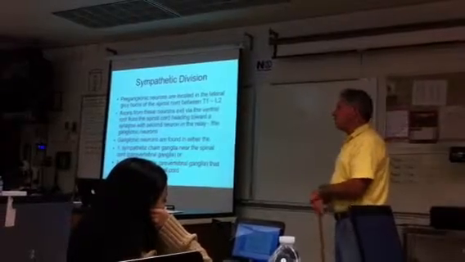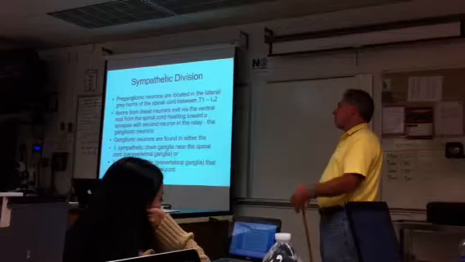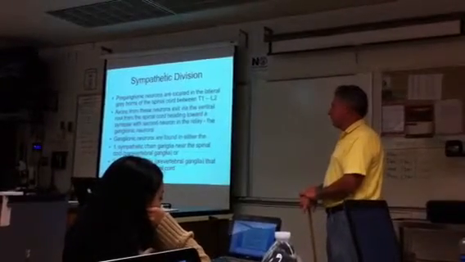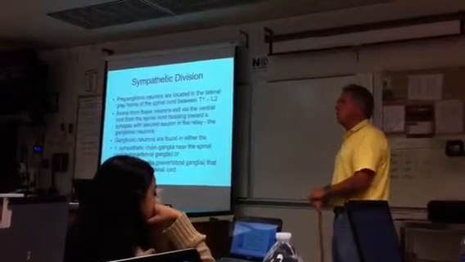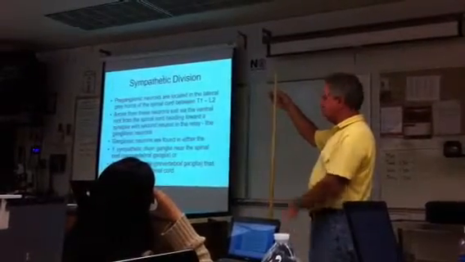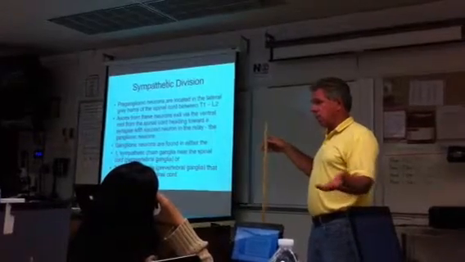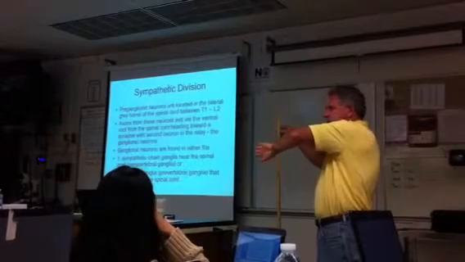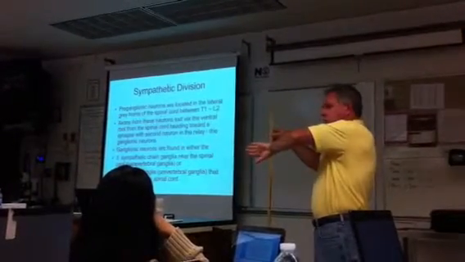The other ones occur in something called collateral ganglia, which are also called pre-vertebral ganglia, which I rarely use that term, that are, it says anterior to the spinal cord. What that means is this. If this is the spinal cord, because the spinal cord is along the dorsal part of your body, the dorsal body cavity, these ganglia are like here, towards the front, anterior to the cord.